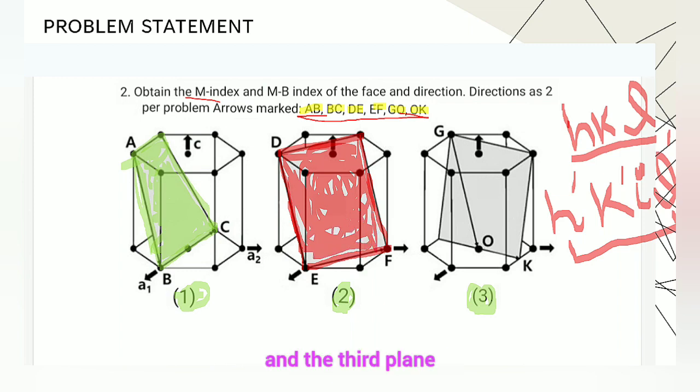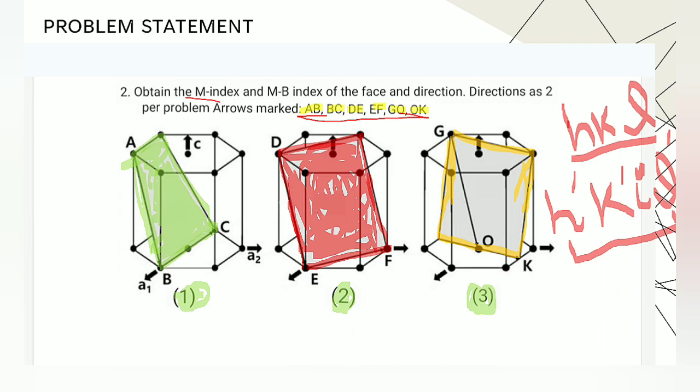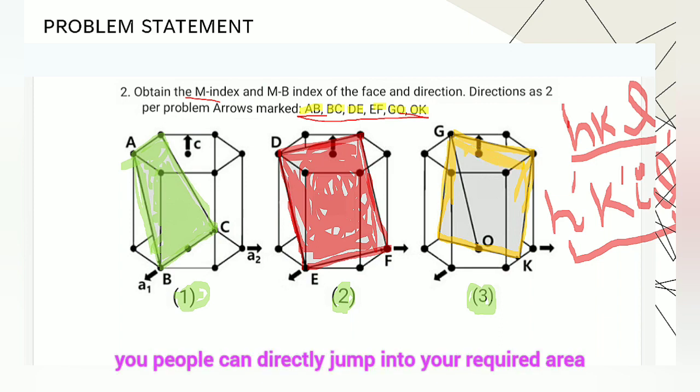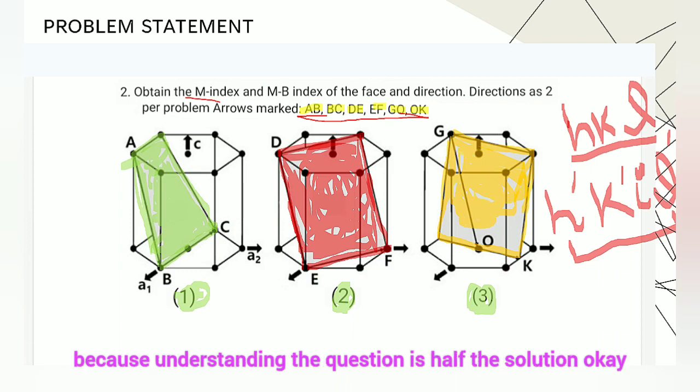And the third plane, if you don't want this discussion and you already understand the problem perfectly, then you can directly jump into the solution part. I will make chapters in the description box where you can directly jump to your required area. And this discussion is important in my perspective, because understanding the question is half the solution.